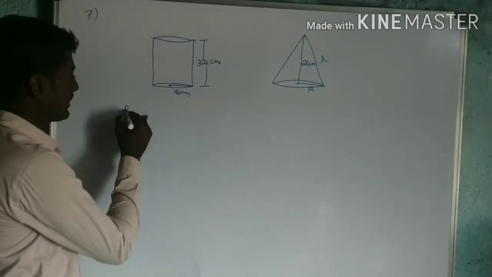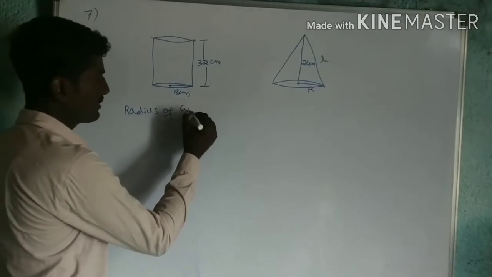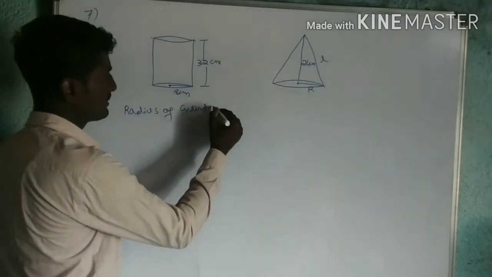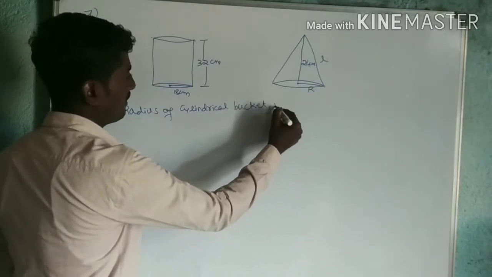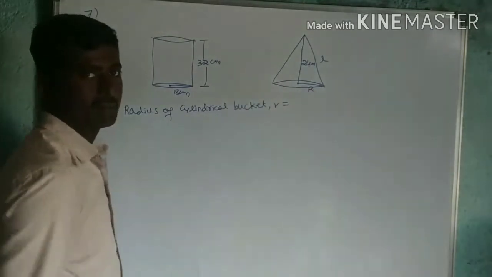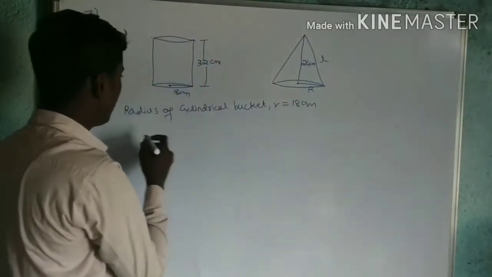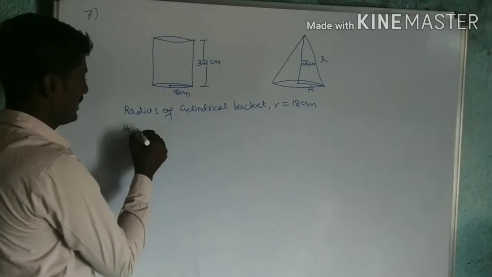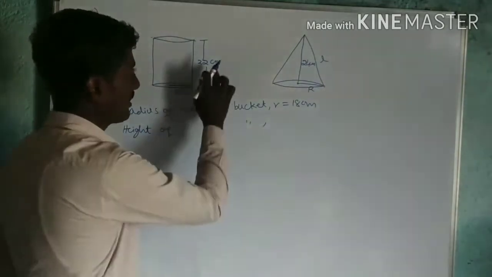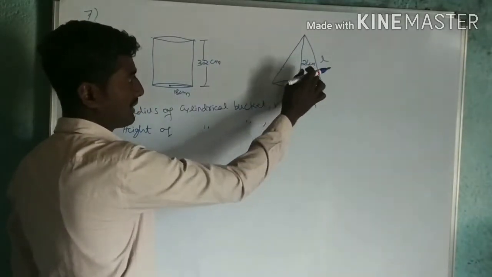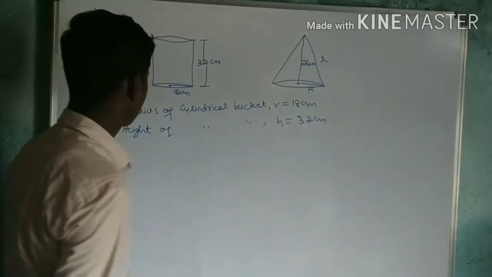So here they have given radius of cylindrical bucket. That I will take smaller. Here I used it as capital R. That is 18 centimeter. Then height of cylindrical bucket. Here I will take it as small h and here I will take it as capital H. So this is 32 centimeter.